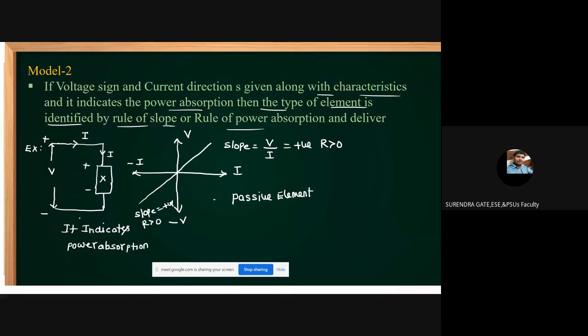Like this we can do it. Now try the same model with another element. The element is given like this. This is X, that particular element, and this is the direction of current. Positive, negative is the supply polarity, and the characteristics are also given.